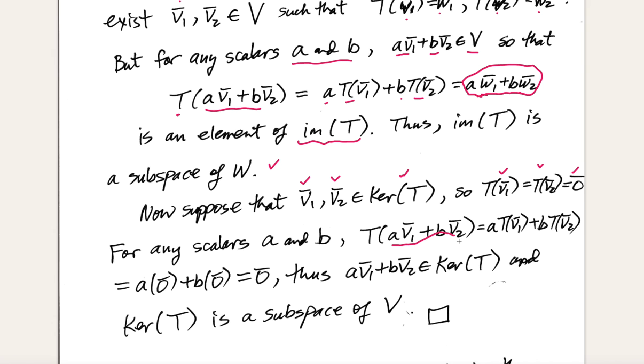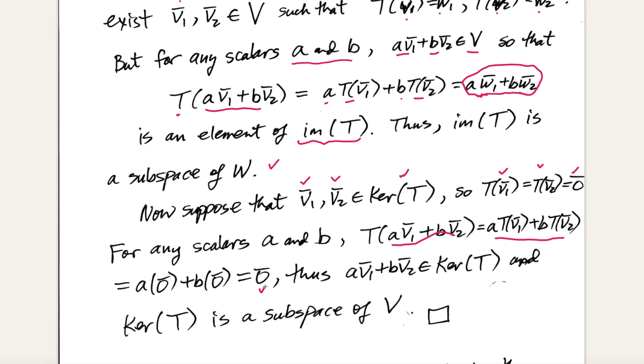Okay, well you know T of the, because T is a linear operator, it's going to do what? It's going to act upon this linear combination this way, so I can break it into a sum, right? And then I can take those, what? Those scalar multiples on the outside of T. But each of these is equal to 0, so that's A times 0 plus B times 0.